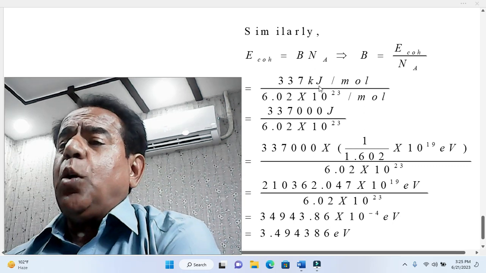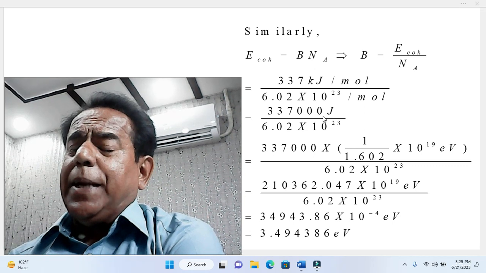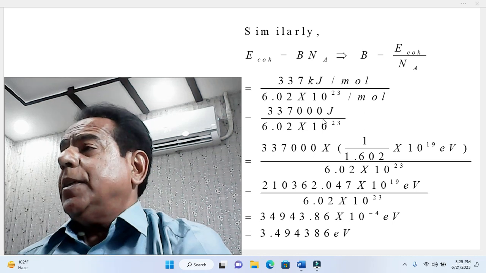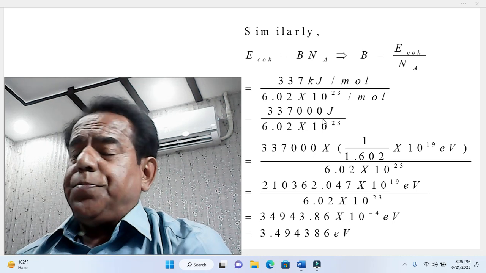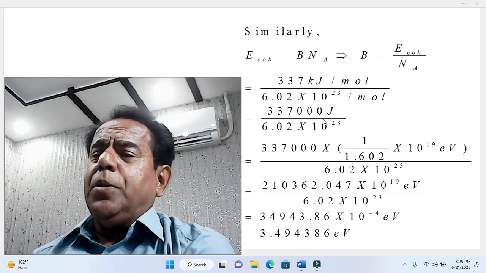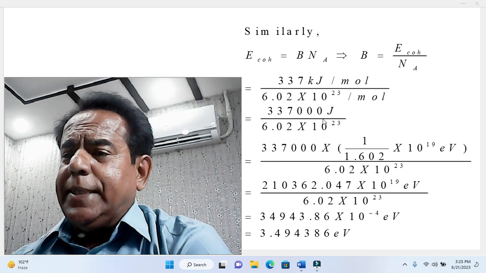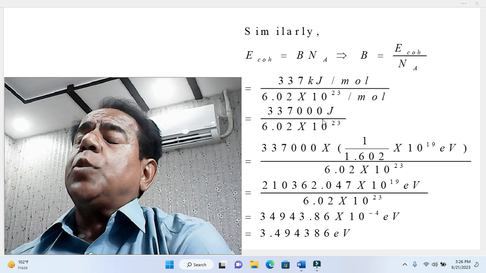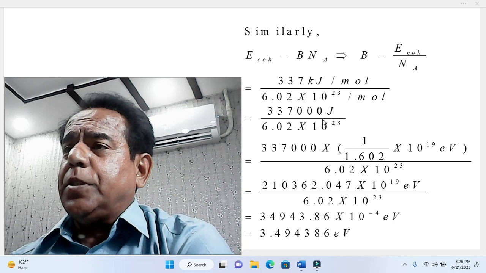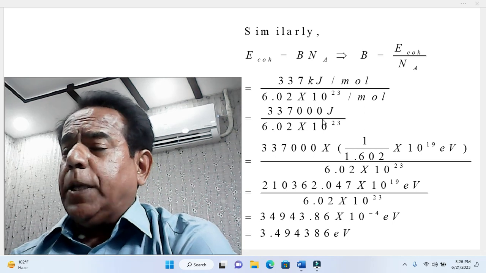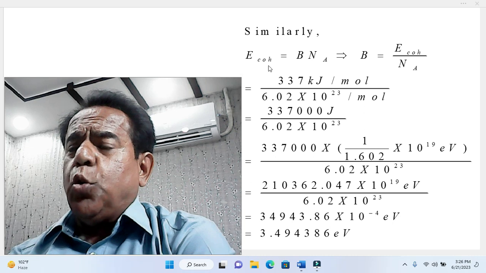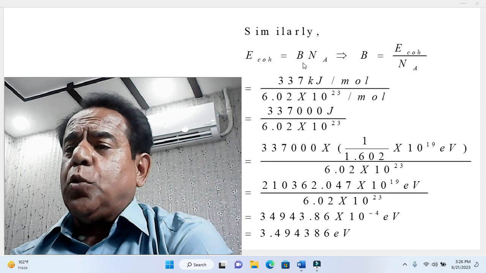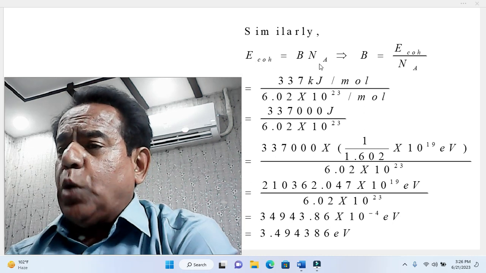Okay, now we use the same arrangement as in our previous calculation of sodium. Okay, the only difference is that here we are dealing with copper in place of sodium, natrium. Okay, so cohesive energy E is equal to binding energy into Avogadro's number.